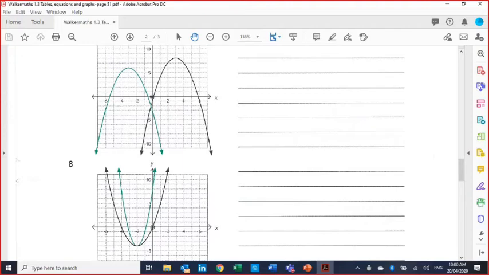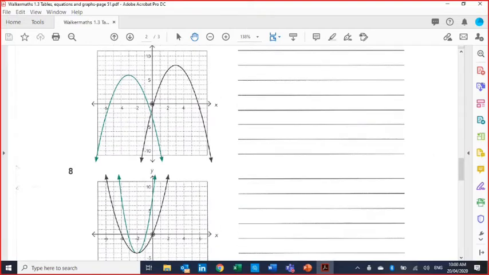It tells you that your a has changed, right, because the vertex is still the same. So it's not reflected, and it was not translated, but it's gotten narrower, or they call that steeper for some reason. This one has gotten steeper.